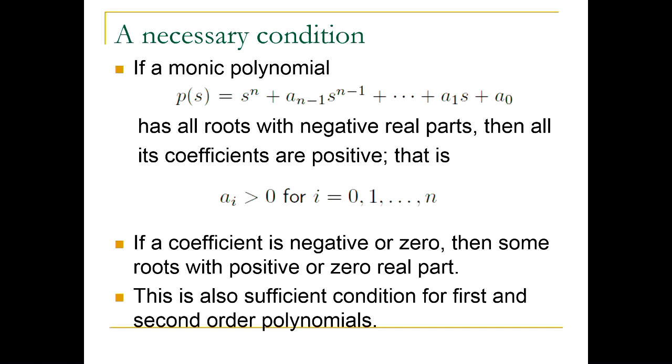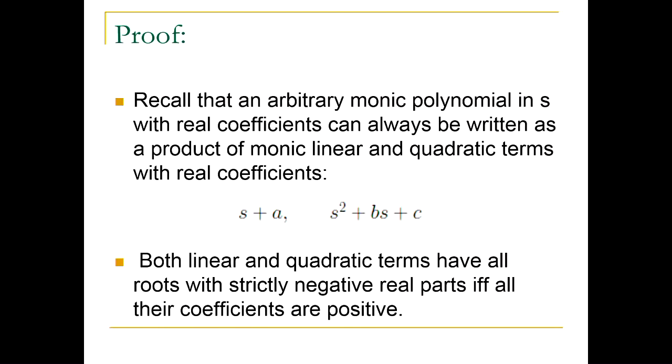Now, this test is also a sufficient condition for first and second order polynomials. But first and second order polynomials are easy because you can immediately calculate what the zeros are. So you don't need this sort of test. It's trivial for first and second order polynomials. But it is true that this test is also a sufficient condition. So how do you prove this?